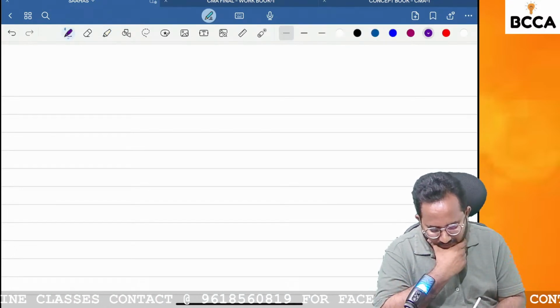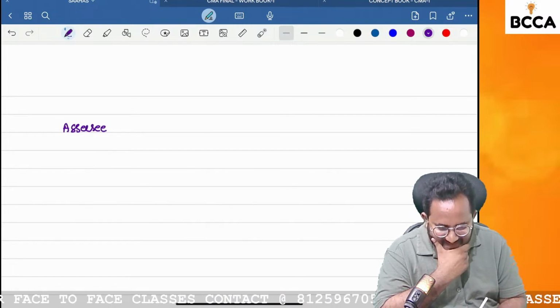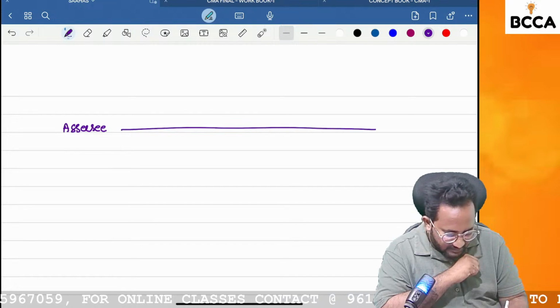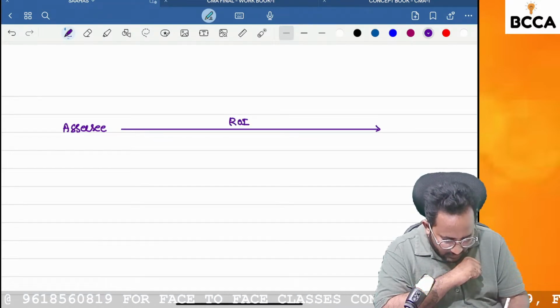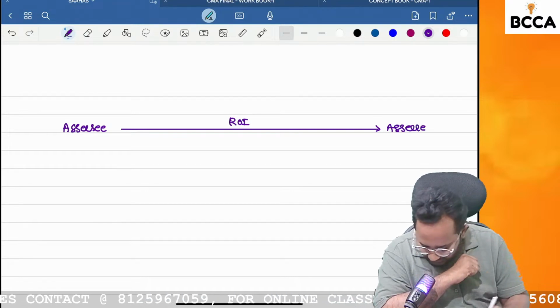Just the intro point only. So what will happen in a practical way? An SSC who has tax liability will file the return of income. That return of income will reach whom? The assessing officer.